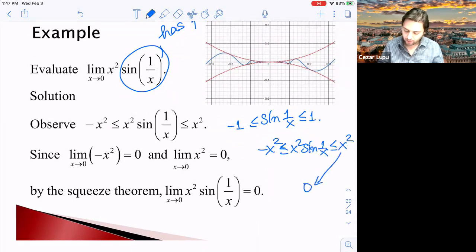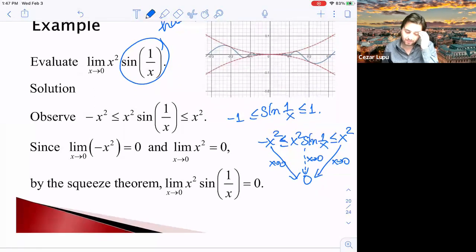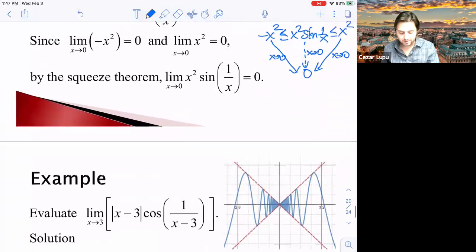These two guys will go to 0 as x approaches 0. Well, the same thing happens for this guy as well. So that's the picture you have to keep in mind. So the limit is 0, right? So the only thing you need to do is just to get rid of sine of 1 over x. Okay, great. Let's see another example.